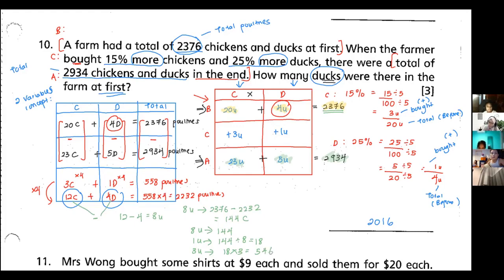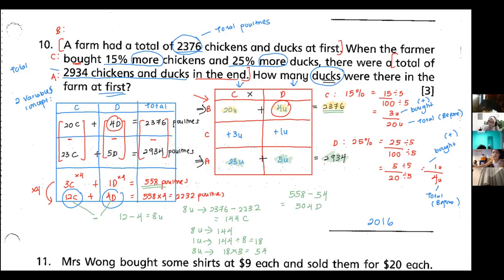Then we look back at 558 just now, the total here. So we take 558, take away 54 here. 54 equals 504 ducks.